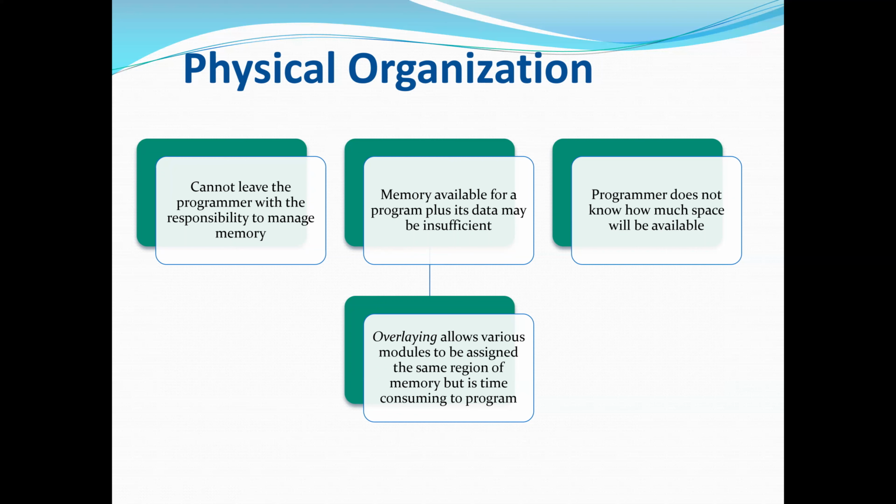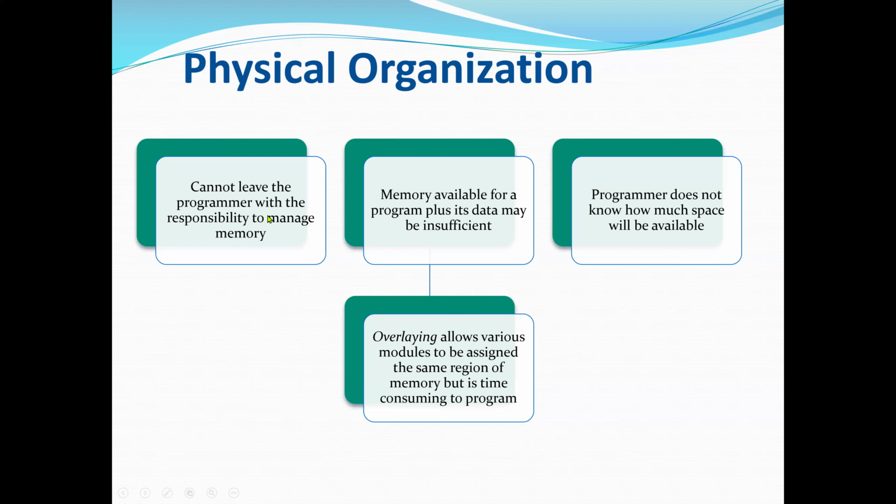Again, the main memory available for a program plus its data may be insufficient. If this happens, then the programmer must engage in a practice known as overlaying. So that's the whole concept of physical organization.